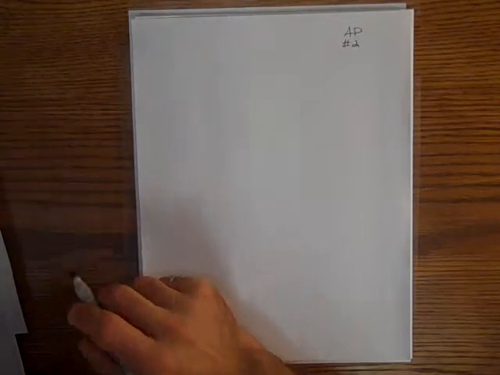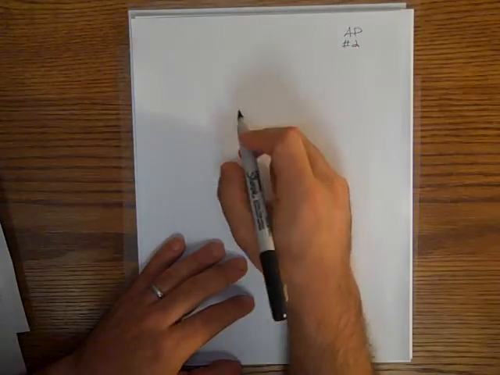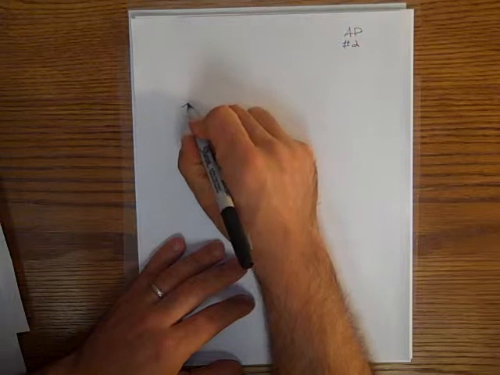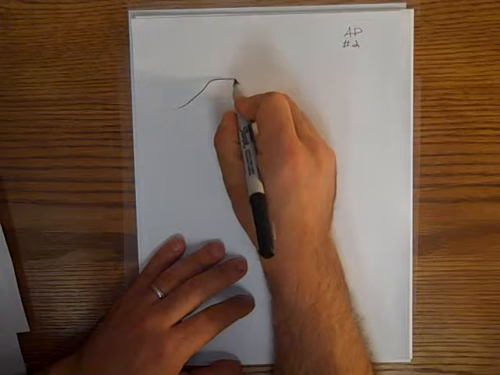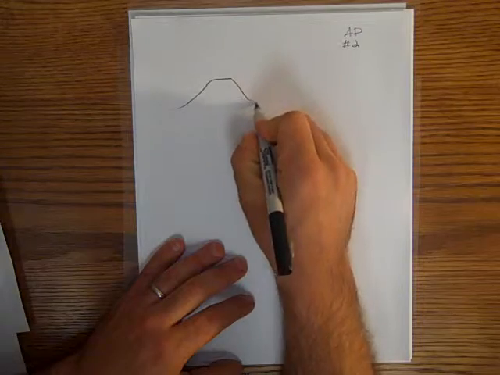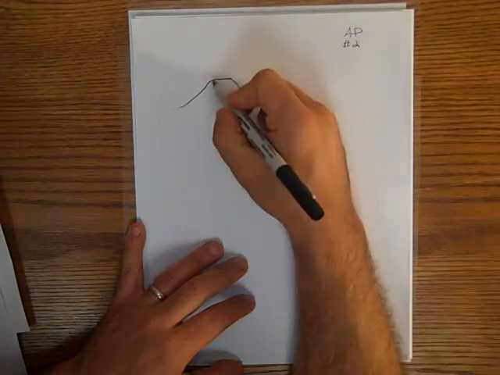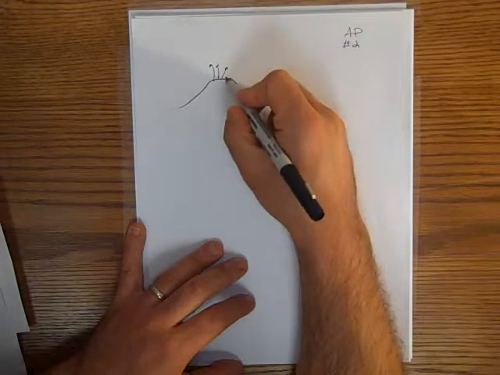Let's draw a picture here and get a sense for what we're looking at. So our volcano kind of does this. It does this. And we know that it spews stuff out, kind of goes all over the place.